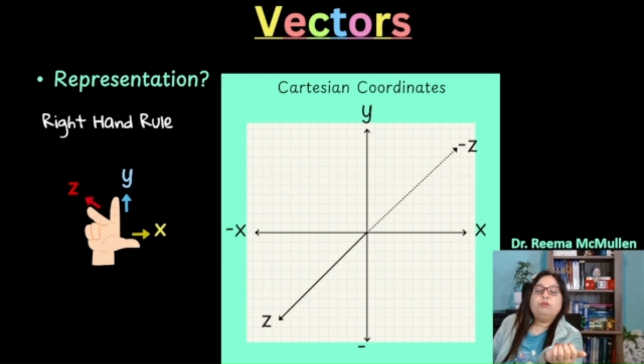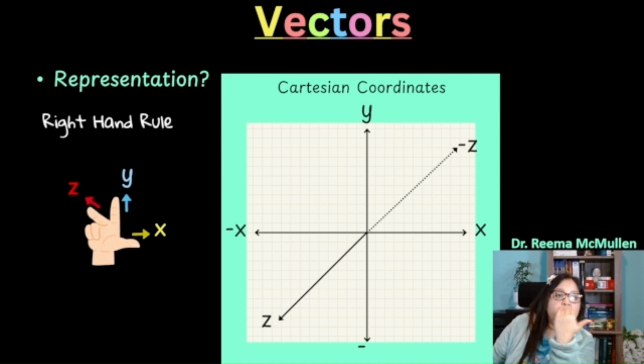Likewise, I could have pointed my right hand fingers toward the positive y-axis, which is upward, and then curl them toward the positive z-axis, which is coming out of the screen. To you, it's going to look like my fingers are going into the screen, but for me, they are coming out of the screen. If you don't believe me, get your own right hand out and try it for yourself.